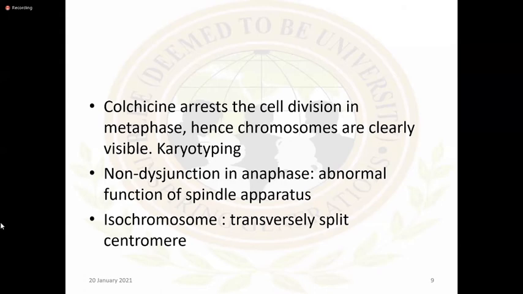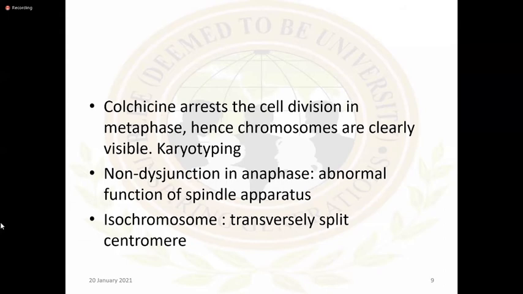Then second is one entity called isochromosome. So here what do we see is, usually what happens to these chromatids, they split longitudinally. Here it will be split horizontally, like this.